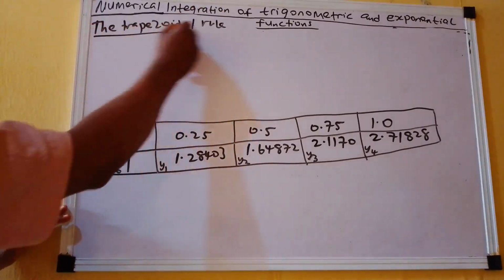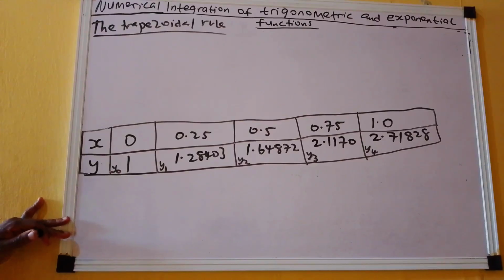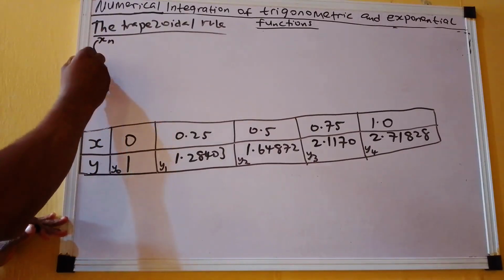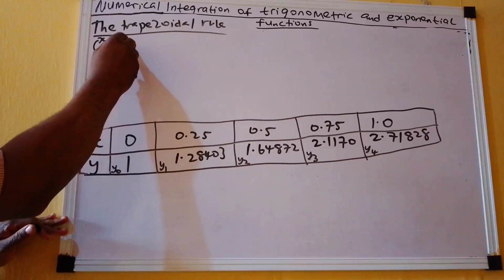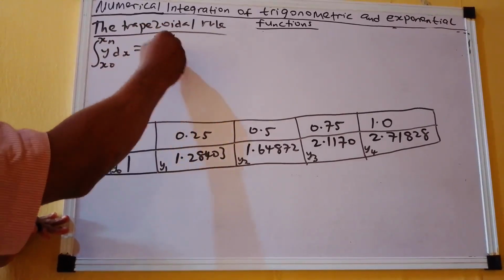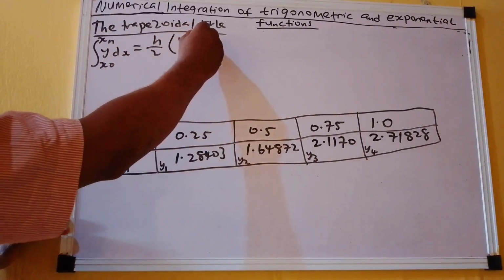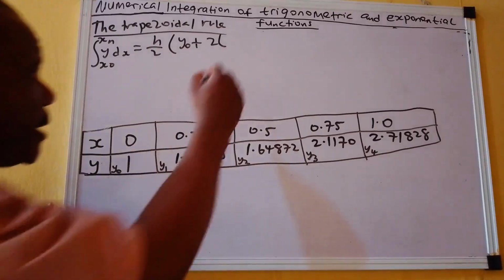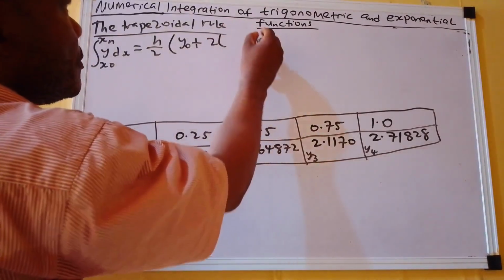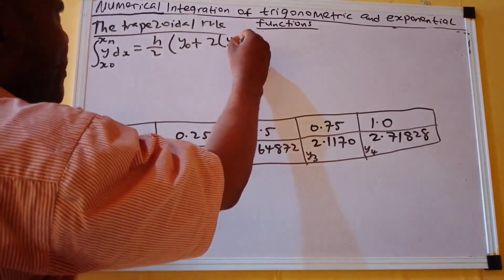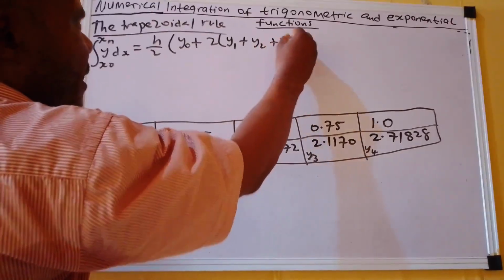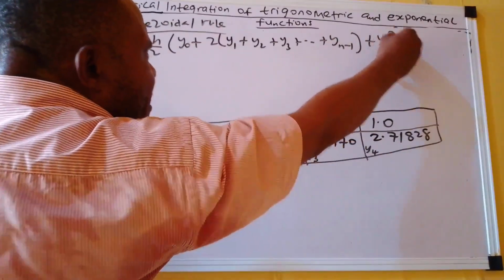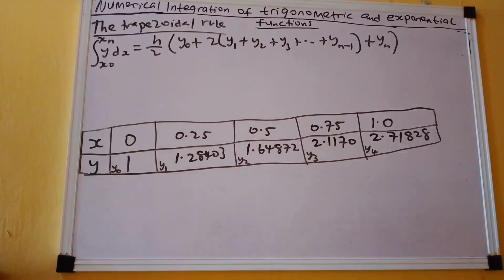So the trapezoidal rule is very easy to apply. You have it as the integral from x0 to xn of y dx equal to h over 2 into y0 plus 2 into y1 plus y2 plus y3 up to yn minus 1, then plus yn, then the bigger bracket is closed.